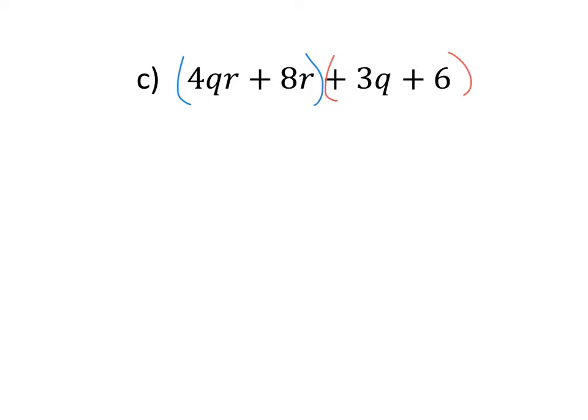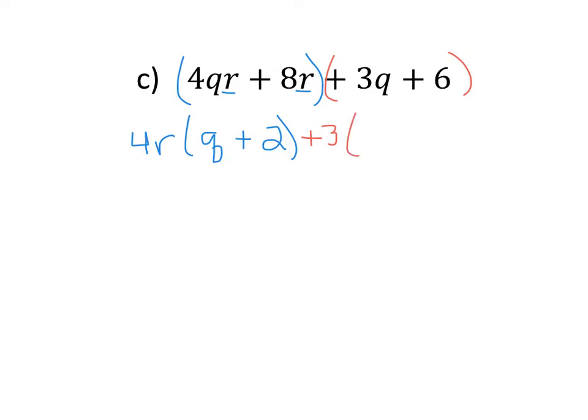All right. In the first grouping, I definitely have an R in common. And I can also pull out a 4. So the GCF to this blue group is 4R. When I pull out the 4R, I'm left with a Q here and just 2 there. In the second grouping, the GCF is a positive 3, so plus 3.